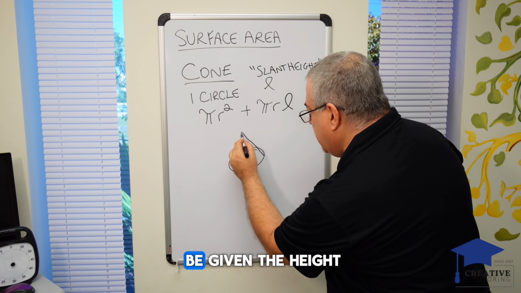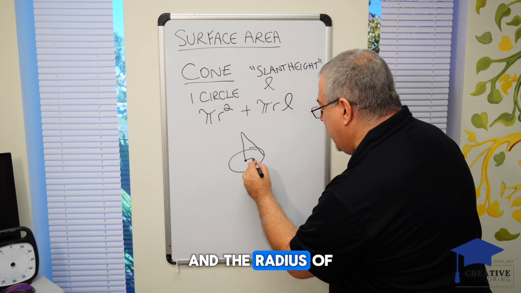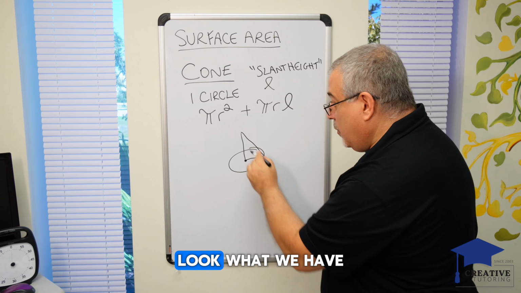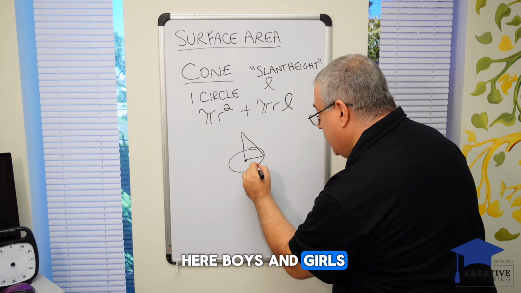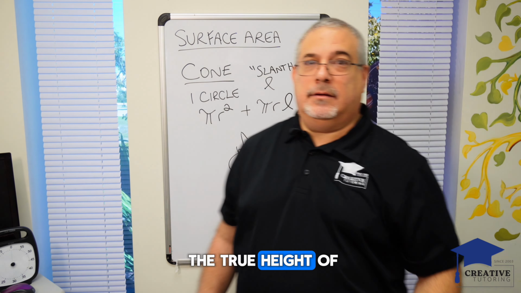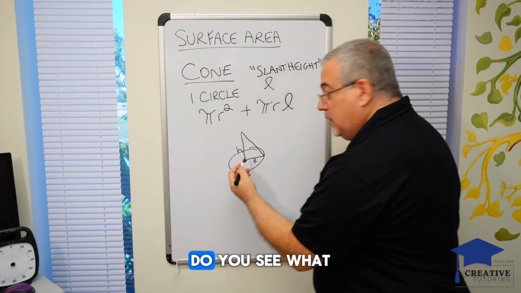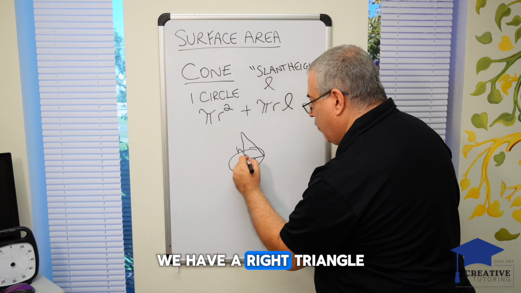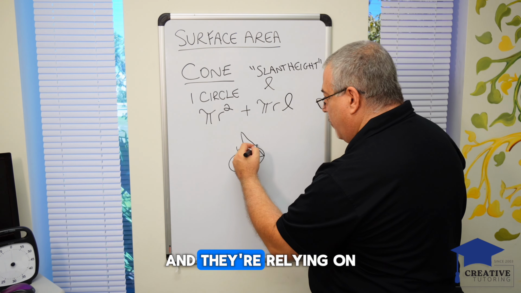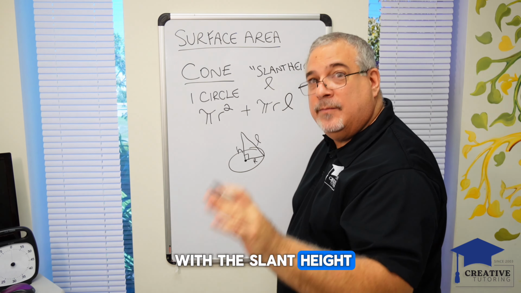Sometimes you're going to be given the height of the cone and the radius of the circle. Look what we have here, boys and girls. If this is the radius and this is the true height of our cone, which stands straight up and down, do you see what we have here? We have a right triangle, and they're relying on you to come up with the slant height.